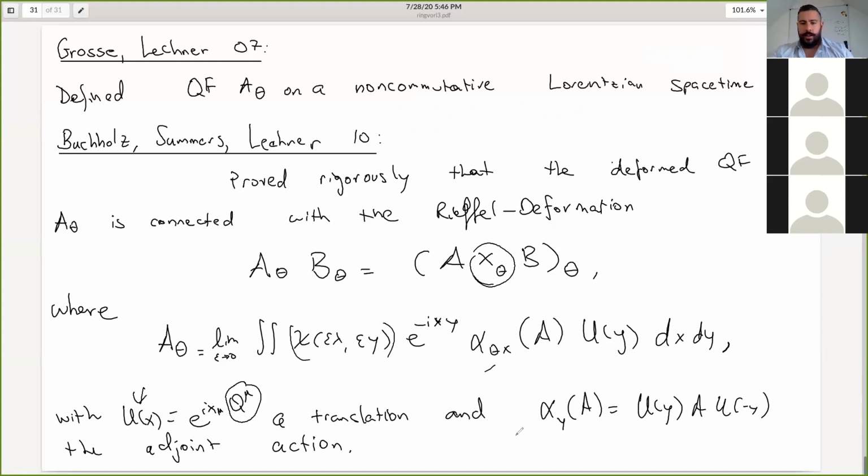And this is the adjoint action: alpha_y is the adjoint action, which, if a were a function, would do exactly what it is supposed to, it translates.